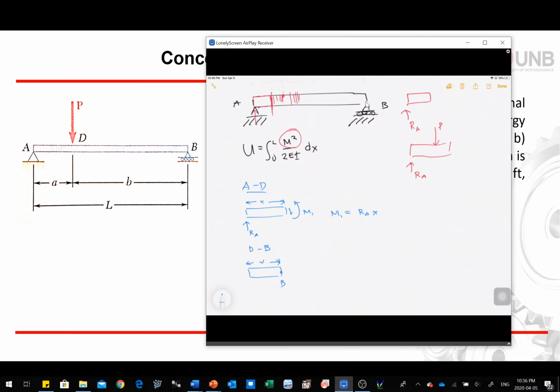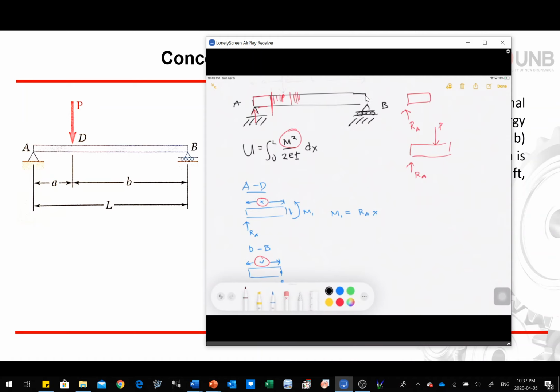It's just one assumption for AD, we assume that our reference point is A. For DB, our reference point is at point B. So that's why we call them differently. In this case, we call it V, and we called it X right here.